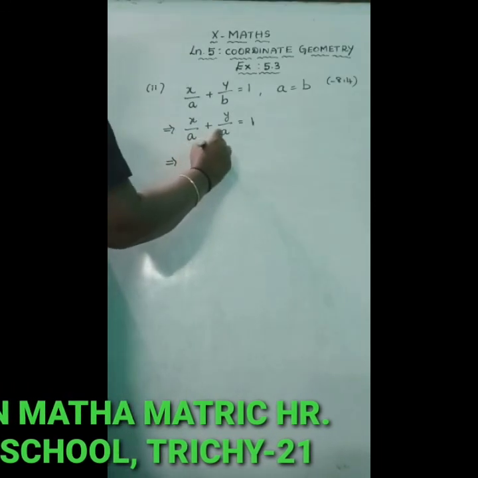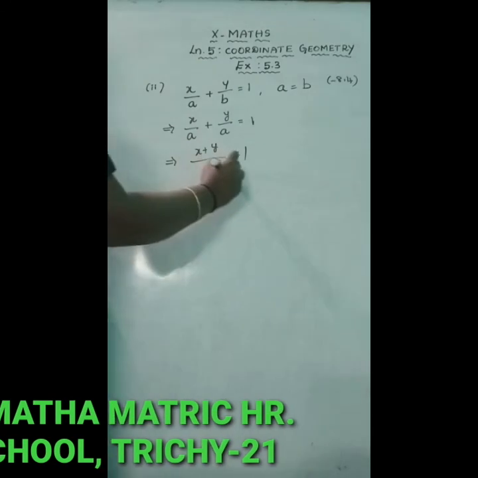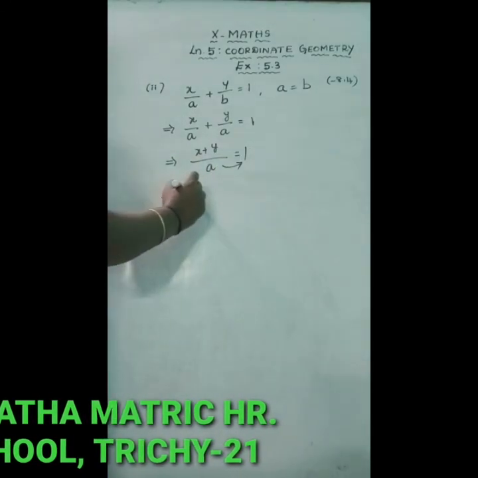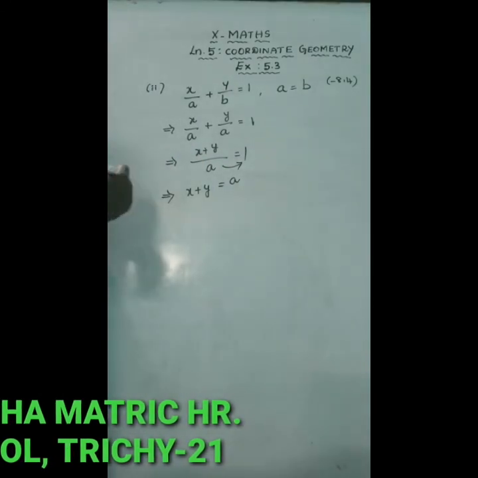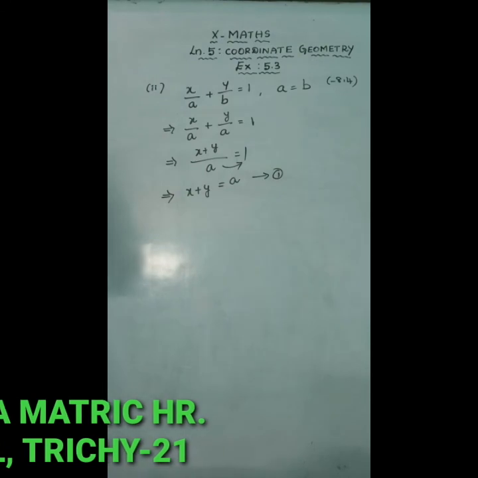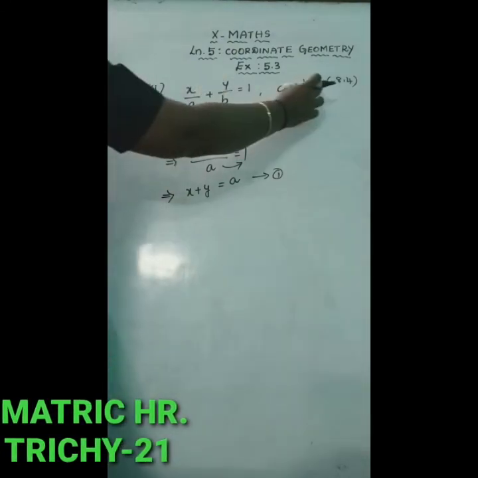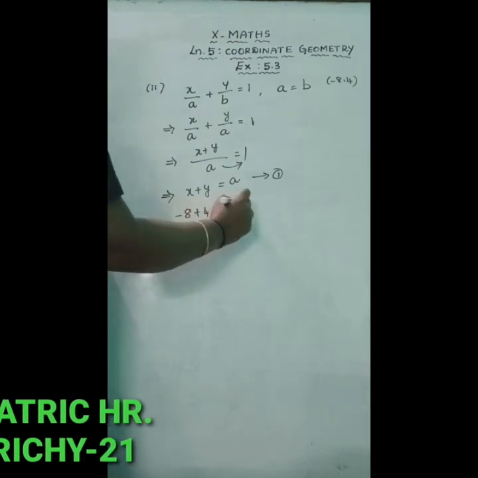Here x plus y divided by a, we take the LCM, so x plus y is equal to a. Then 1 multiplied into a, we have x plus y is equal to a. This is equation number 1. So this line is passing through (minus 8, 4). So substitute the values of x and y here: minus 8 plus 4 is equal to a.